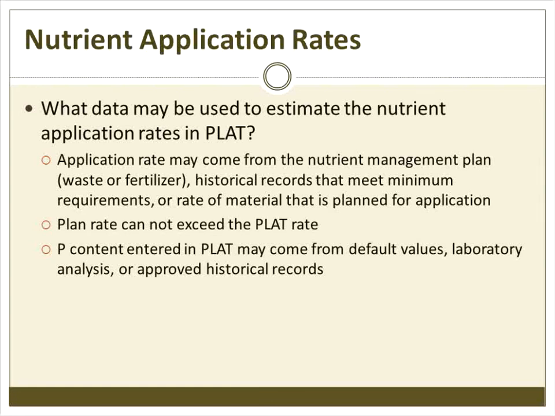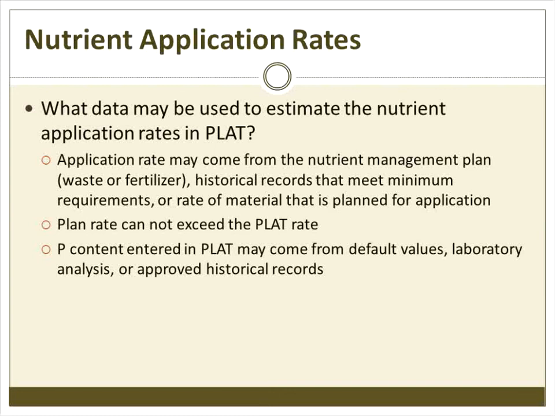And so, for instance, if that nitrogen rate requires that you put on, let's just say, 3 tons of litter to meet your nitrogen expectation, then you will be putting on 3 tons of litter that has, on average, 35 pounds of P in it, or 100 pounds of phosphorus. And so you have to put in PLAT that you're using 3 tons of litter or 100 pounds of phosphorus. So again, it's a bit of a chicken-egg thing.